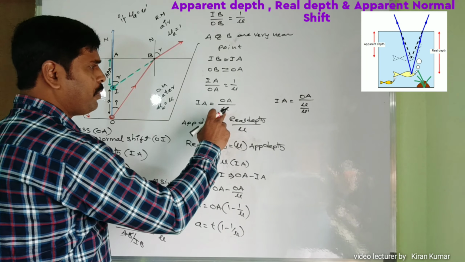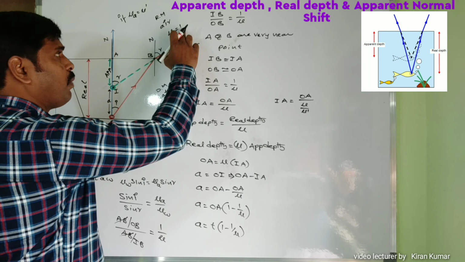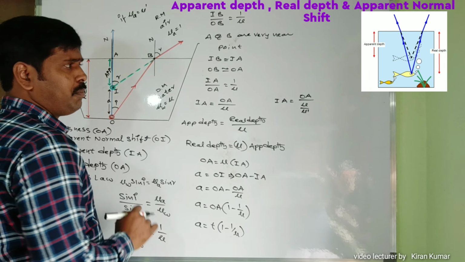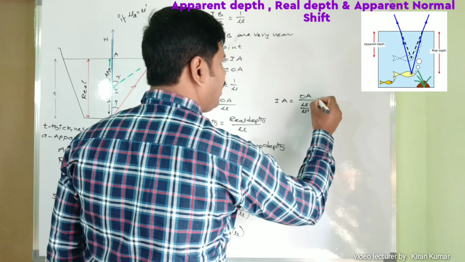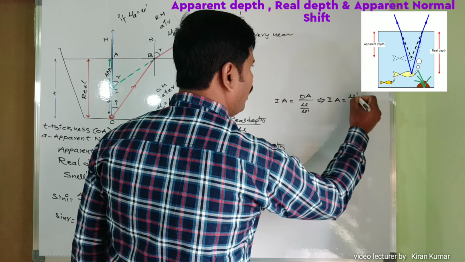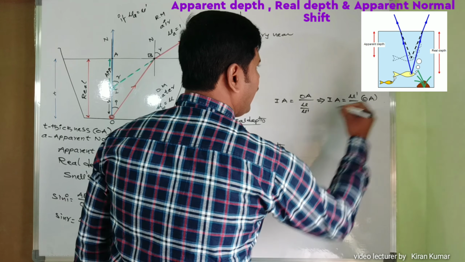Here actually it is mu divided by 1, because the refractive index of air is 1, but now we are considering mu A equal to mu dash, and rearranging the equation, IA equals mu dash divided by mu into OA.